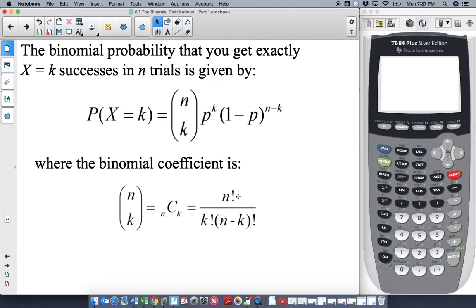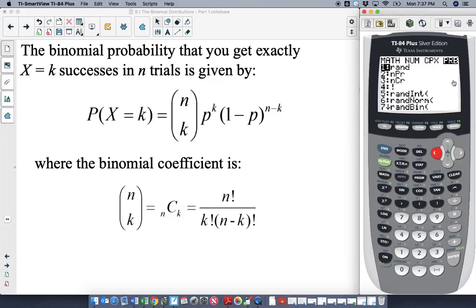And I think we've talked about the factorials a little bit, but you don't actually need the factorials, and you don't even need the binomial coefficient, but if you wanted to, it's in your math and then over to PRB, the factorial button's there, but then you can use number 3 for nCr. But we're not even going to use either one of those because we're going to use our calculator to do the binomial probability.